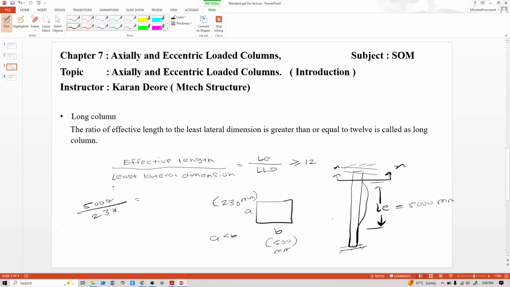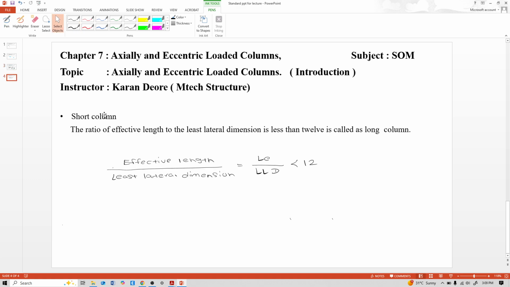So 5000 divided by 230 is 21.73, and it is greater than 12. So this is a long column. Just remember that it is the effective length, not only the length, divided by the least lateral dimension, and this is the least and this is the effective length.